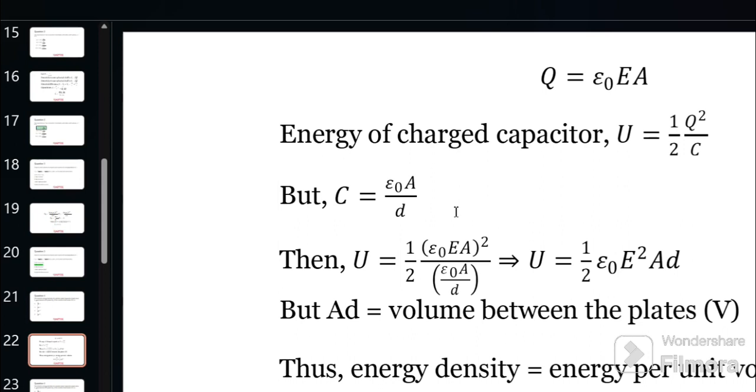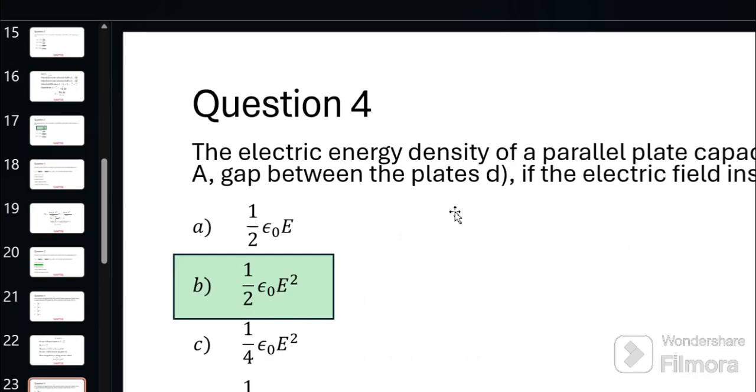So we just substitute everything. Then we find the energy density by basically dividing the energy by the volume. The volume we already know is A times D, that is the cross-section area of the capacitor plate and the distance between the two parallel plates, and this is how we get the energy density. So the answer is B.